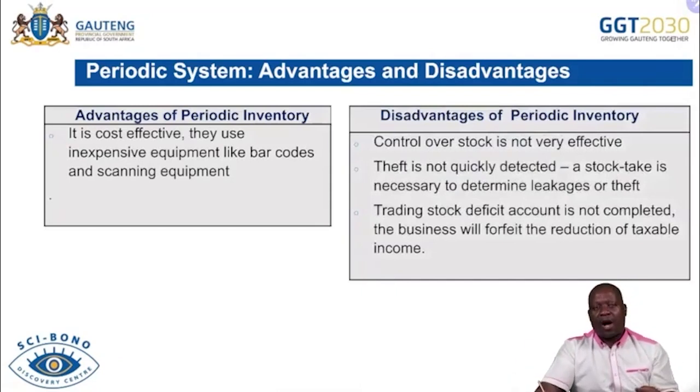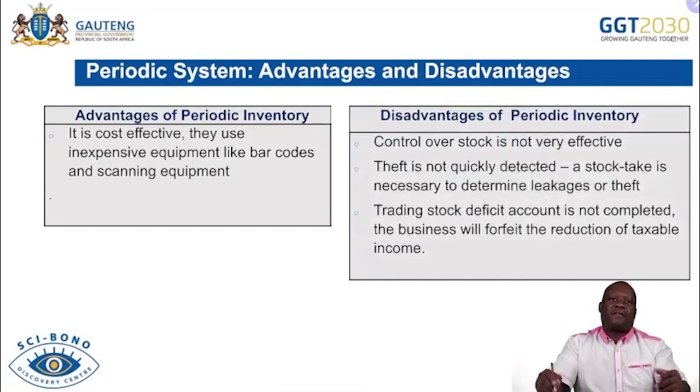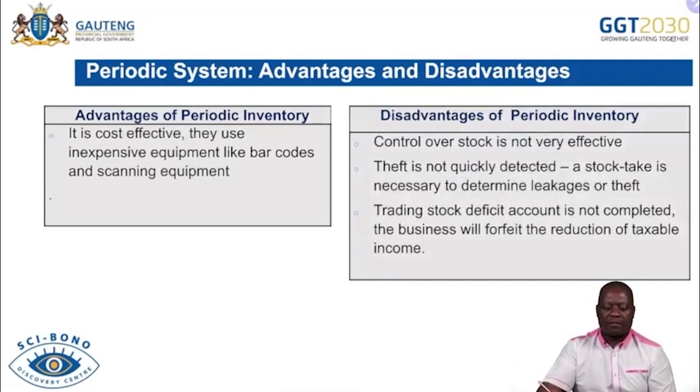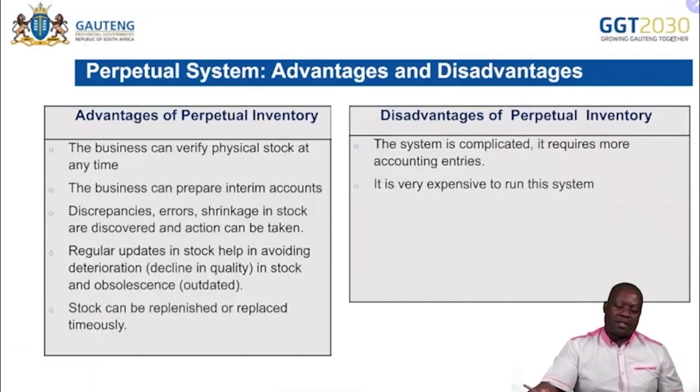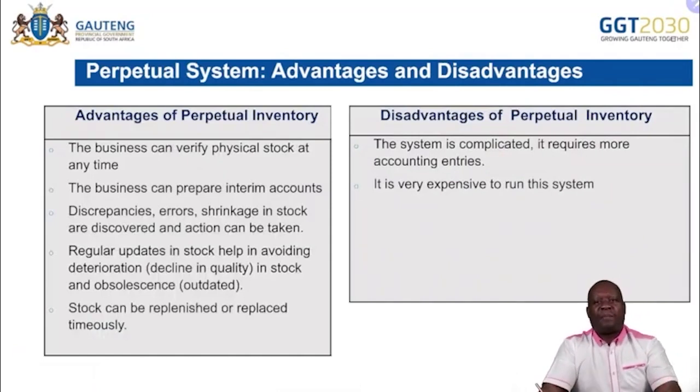And now if you are using the other method, you can say, I have got a trading stock deficit of 20,000. Therefore, when it comes to tax purposes, I can put that in as an expense, a verifiable one, unlike this method. Now, let's turn it around: the perpetual inventory system.